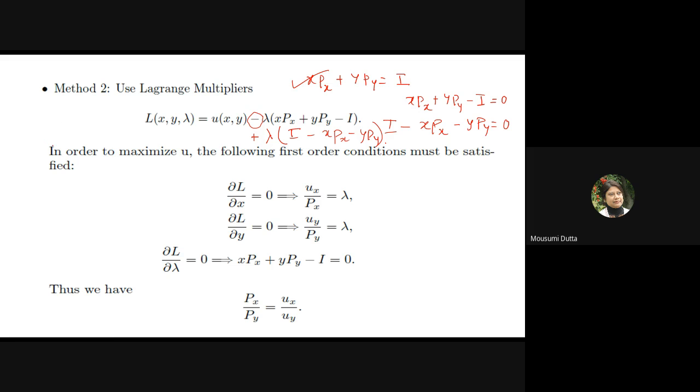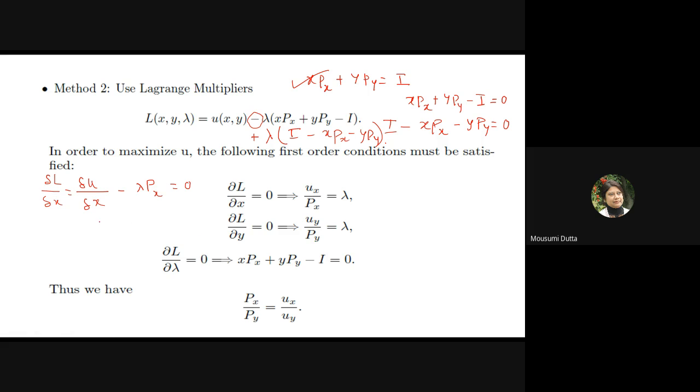So del L by del x is equal to del u by del x minus lambda px is equal to 0. Okay.